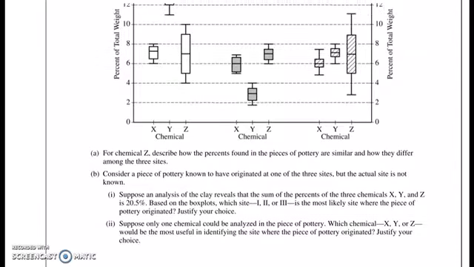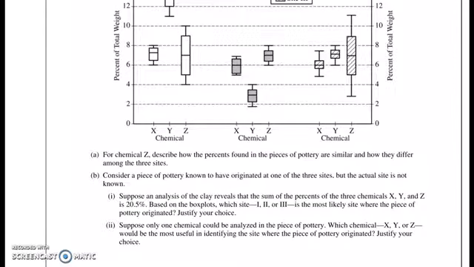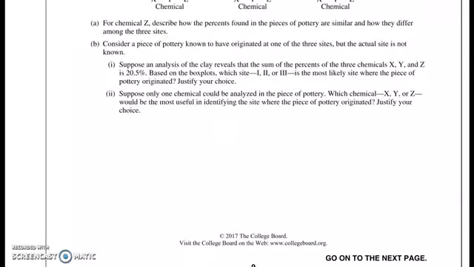So part A asks, for chemical Z, describe how the percents found in the pieces of pottery are similar and how they differ among the 3 sites. So for this one, comparing distributions, we always want to look at shape, center, and spread. If we start with center, we can compare the medians of the 3.